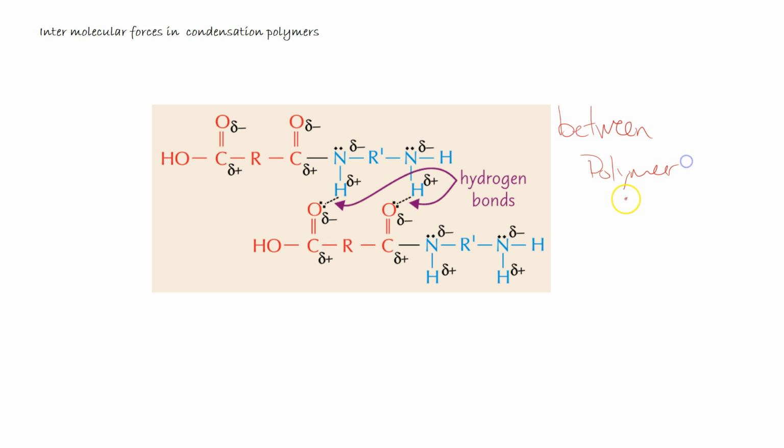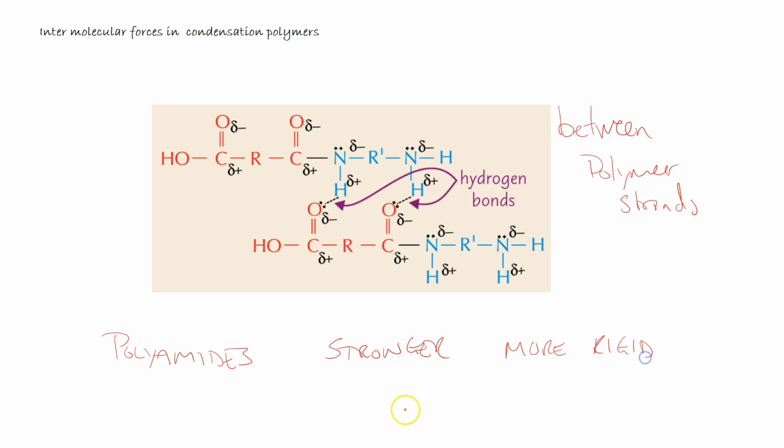And what this does is it means that the intermolecular forces are very strong, and the polyamides as well as the polyesters tend to be stronger, more rigid than the addition polymers, and that's simply to do with the fact that they're able to form stronger intermolecular forces such as these hydrogen bonds.